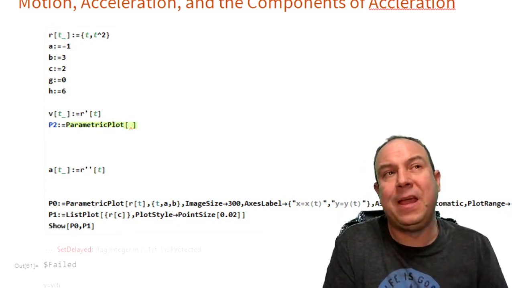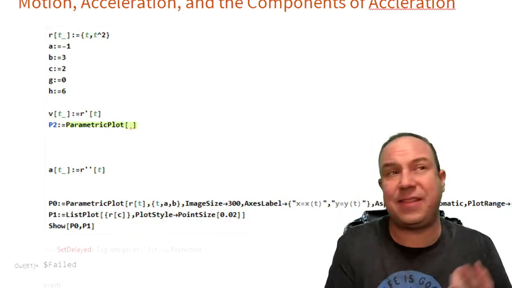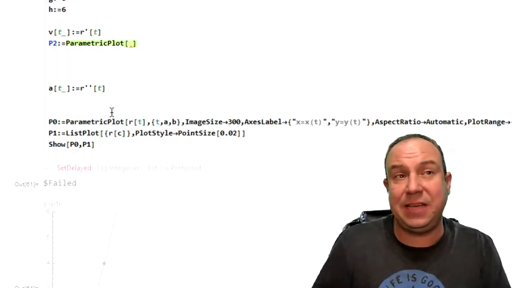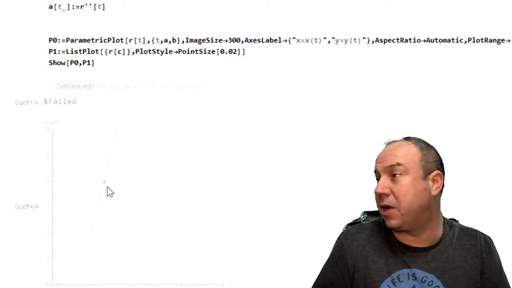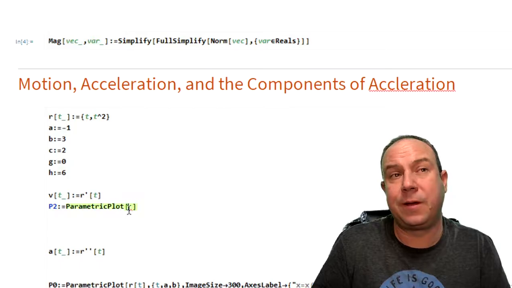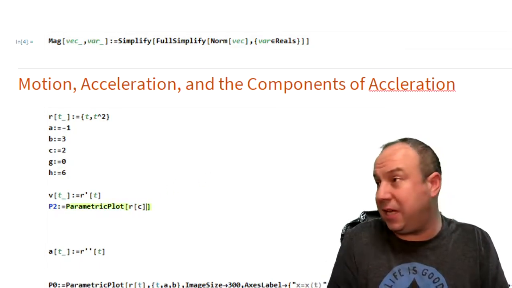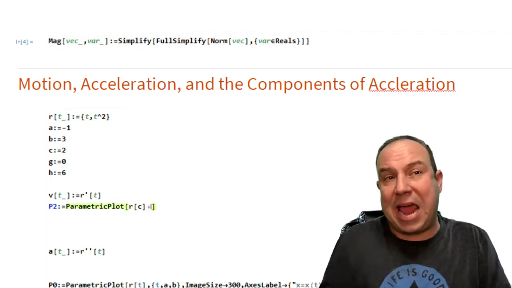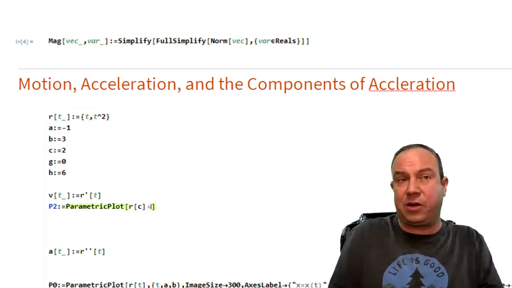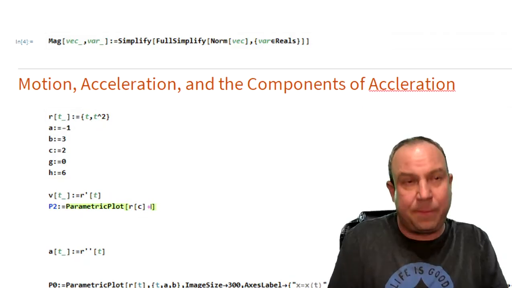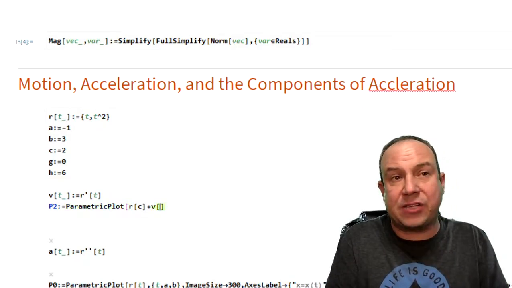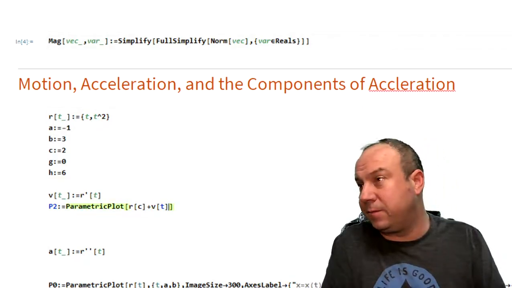These are going to happen at that defined value as C, where we have this plot occurring. So they're going to start at R of C. We're going to add to them the direction that they're going to move in. For the velocity one, it's going to move in the direction of the velocity vector.